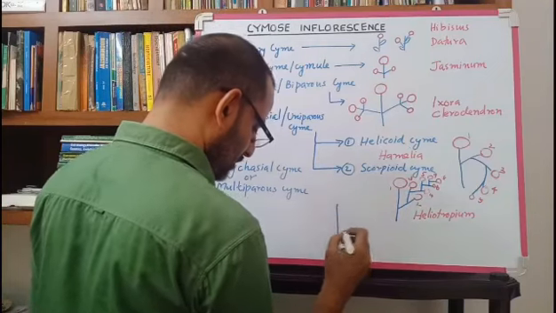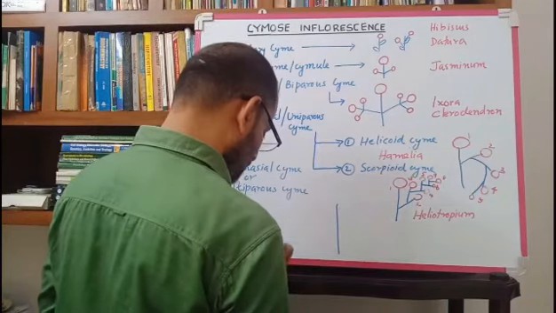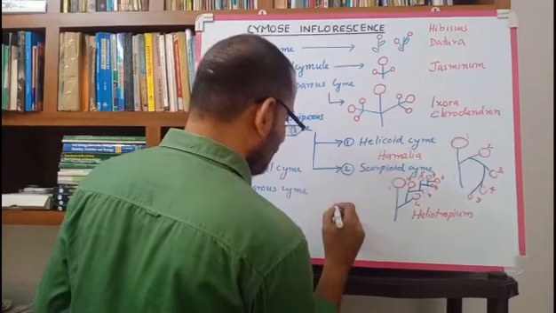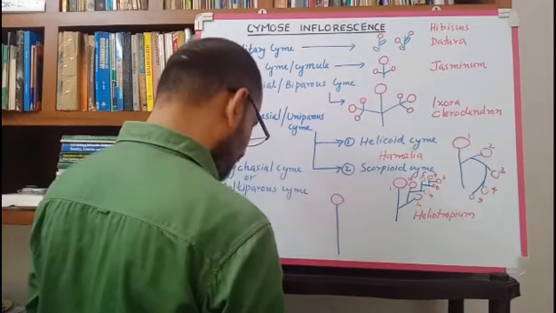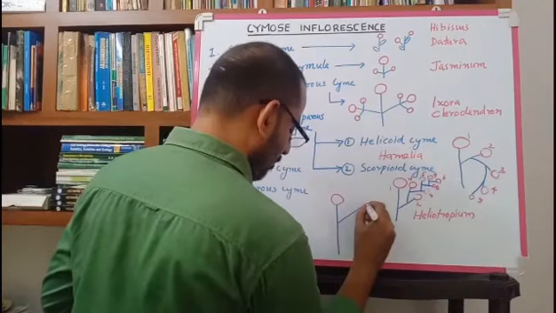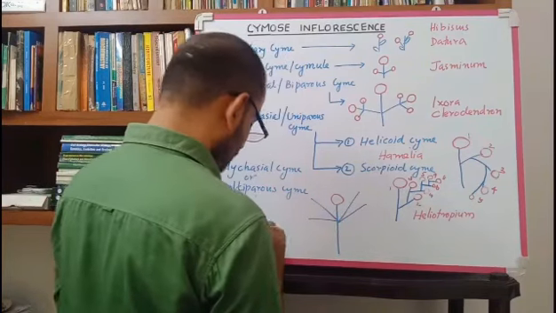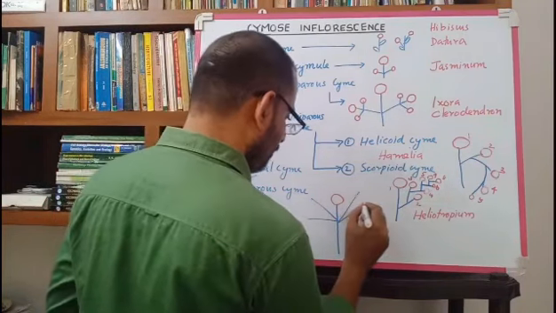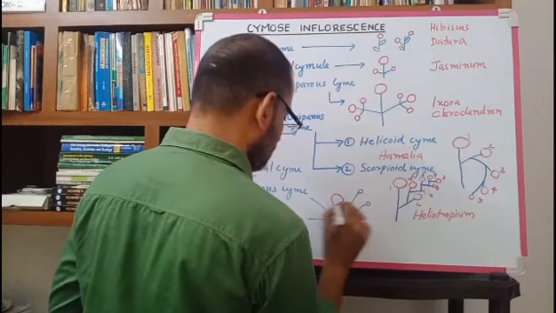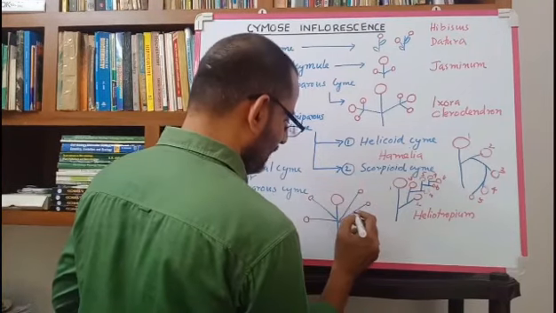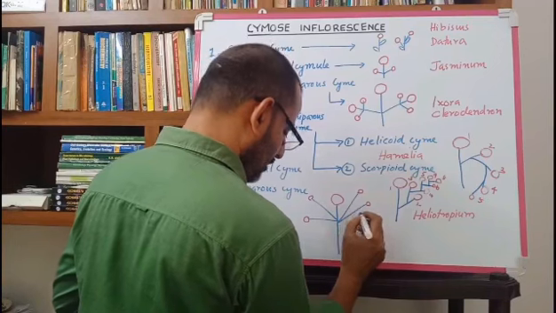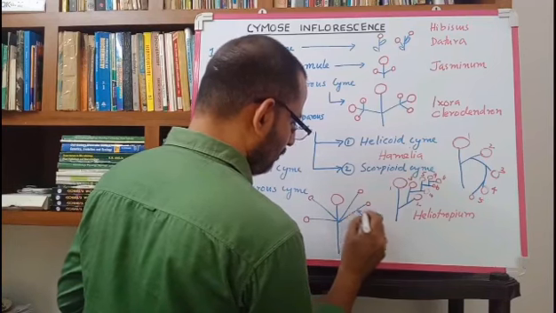This is the main axis, and on that the first flower is developed, and it produces two or three secondary laterals at a time, and it produces flowers like this, and from the secondary laterals again flowers are formed.